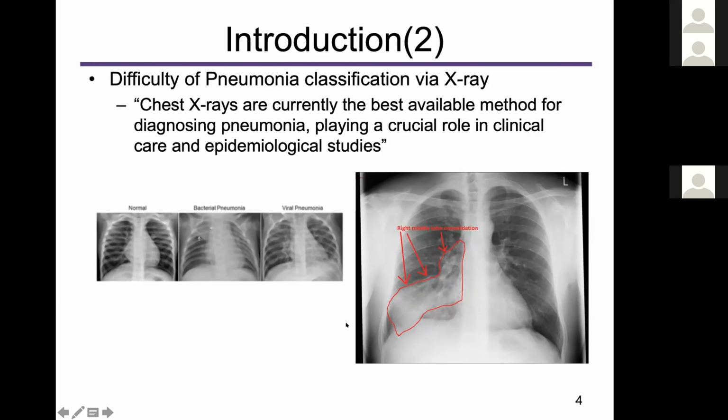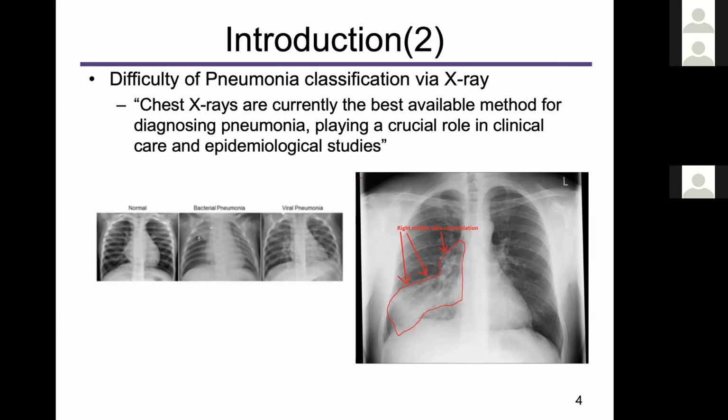The other thing is the difficulty of the chest X-ray itself. In the right figure, we can see some highlight there, so we know this person has pneumonia. But without this highlight, only an experienced person can recognize whether this patient has pneumonia or not. So that's the difficulty of pneumonia classification.